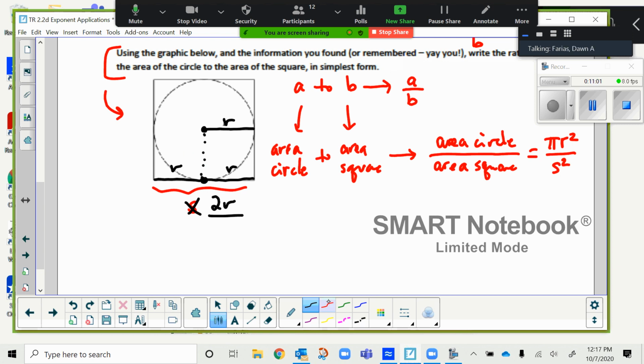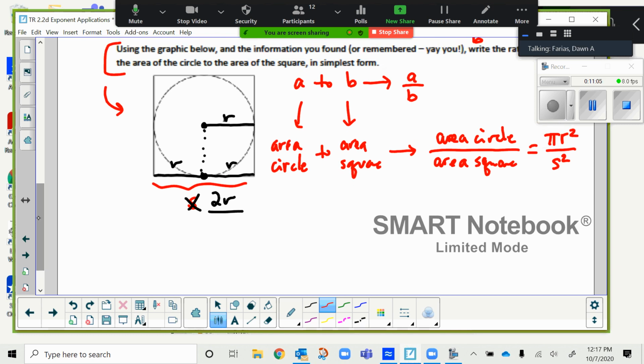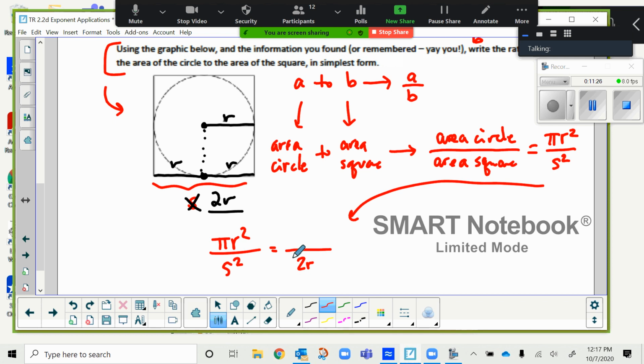And now what I'm going to do with that is go back over here to my ratio, which was pi r squared over s squared. But I don't need to use that s anymore. I'm going to use 2r instead. So instead of s squared, I'm going to have 2r squared, but I need to put that in parentheses because the whole thing is squared.